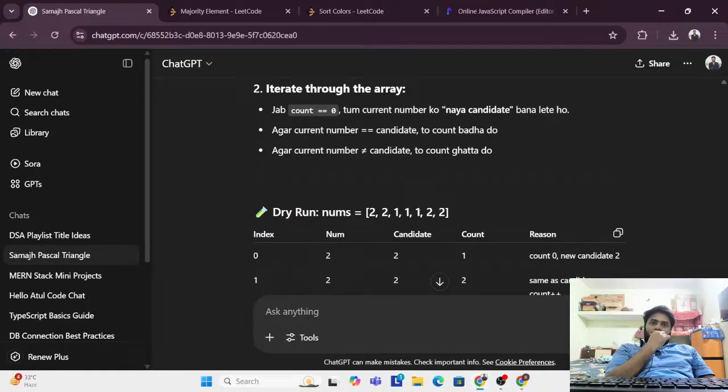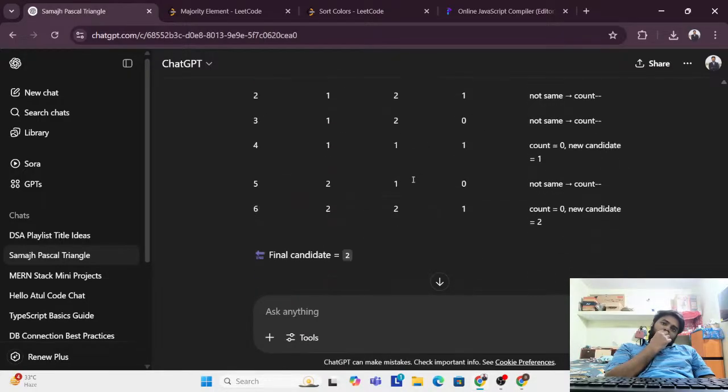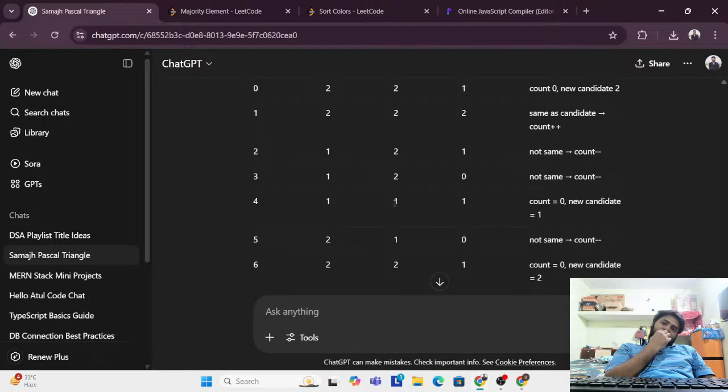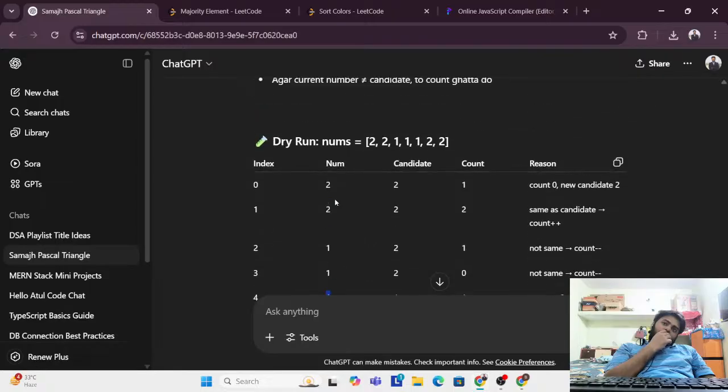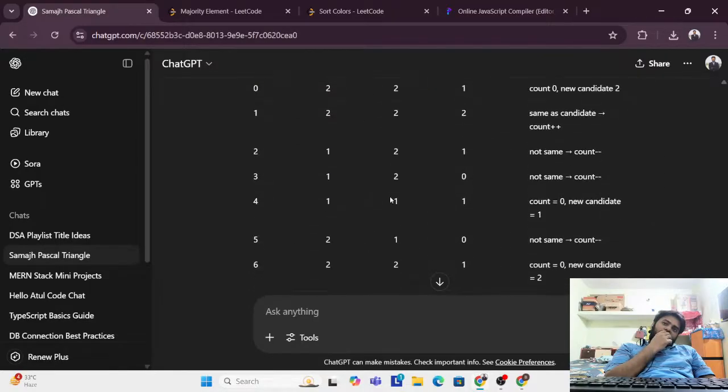When we compare, we basically compare with the previous elements. The previous element is 1 and the current is also 1, which means both are the same.